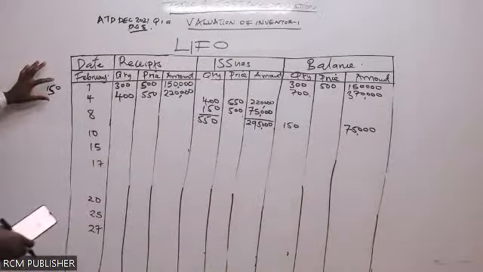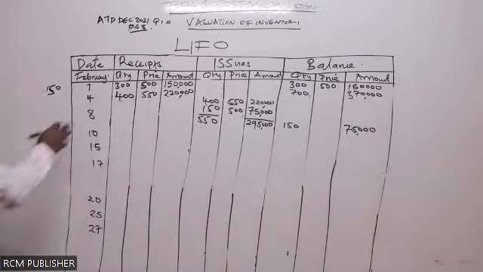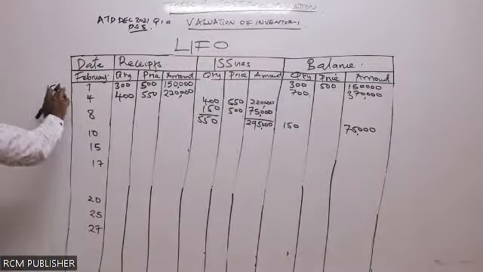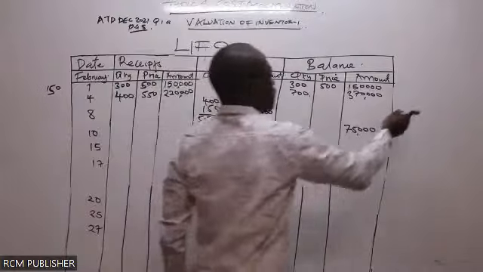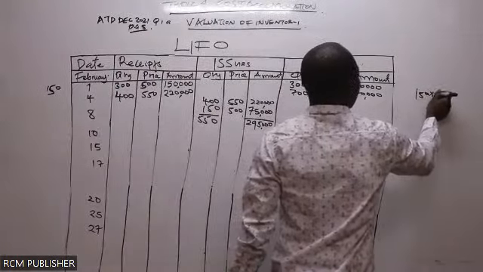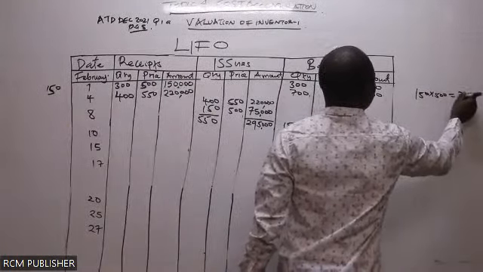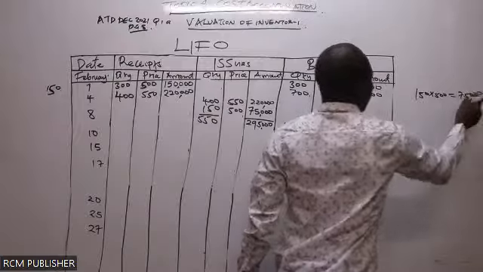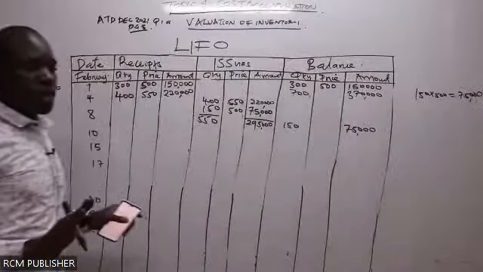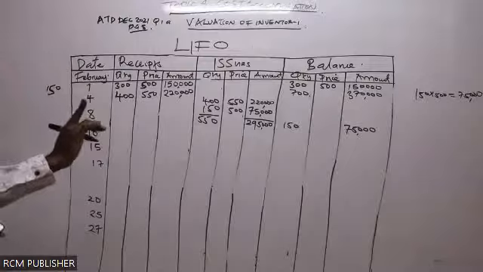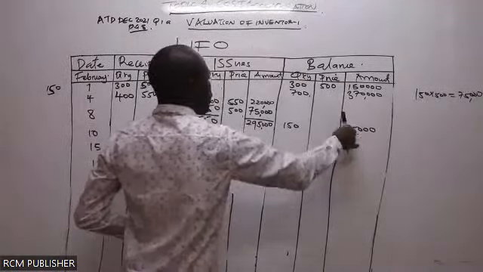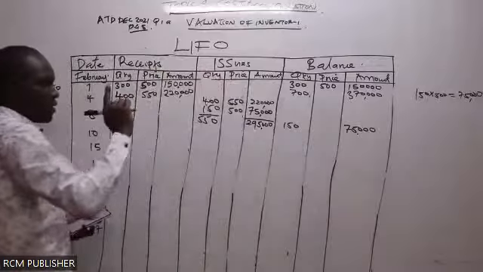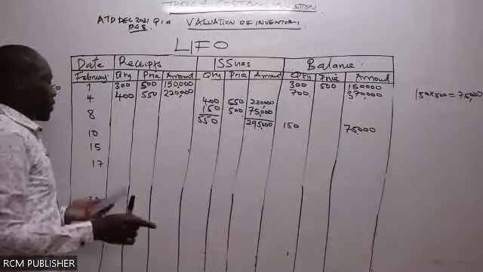Here we still have 150 remaining because this one has been taken. This 150 was brought in at 500. Take your 150, multiply by 500. Are you not getting 75,000? So it confirms that the value of the closing stock as at the 8th is correct.